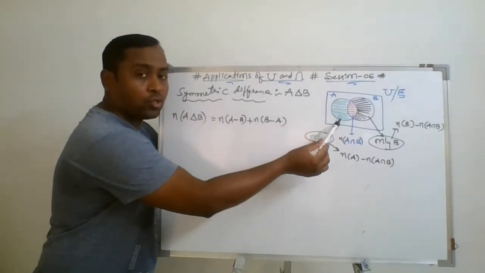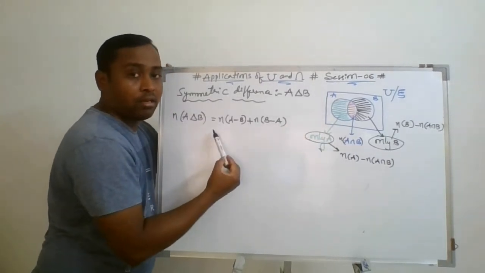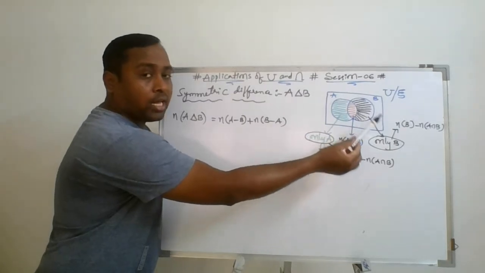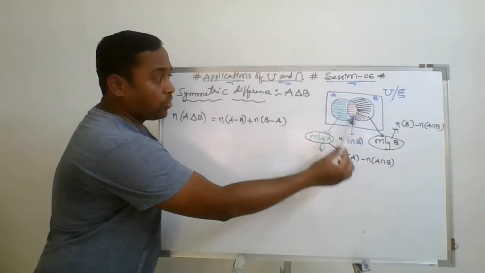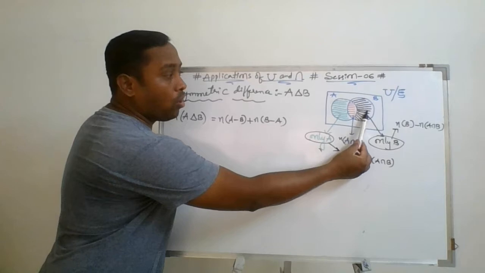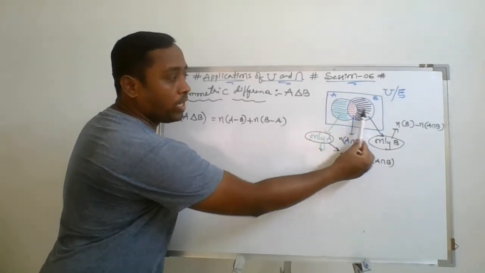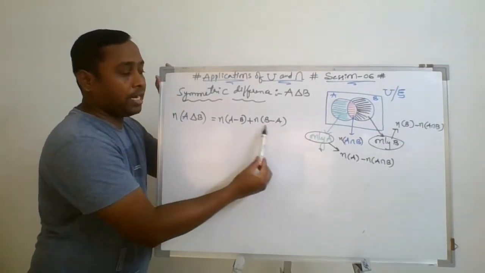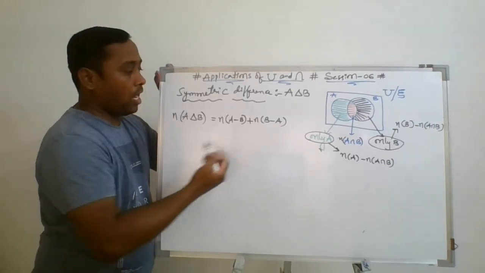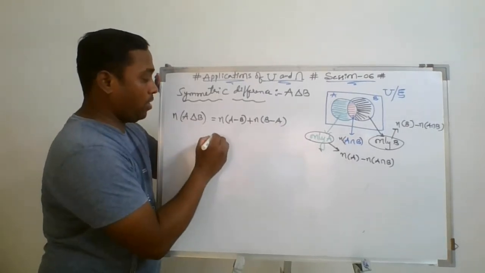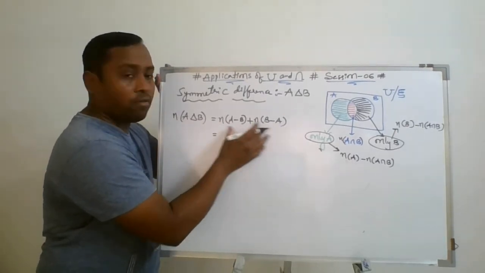The green portion is known as A minus B, and the black portion is known as B minus A. So how do we get this area? By simply adding these two countings.